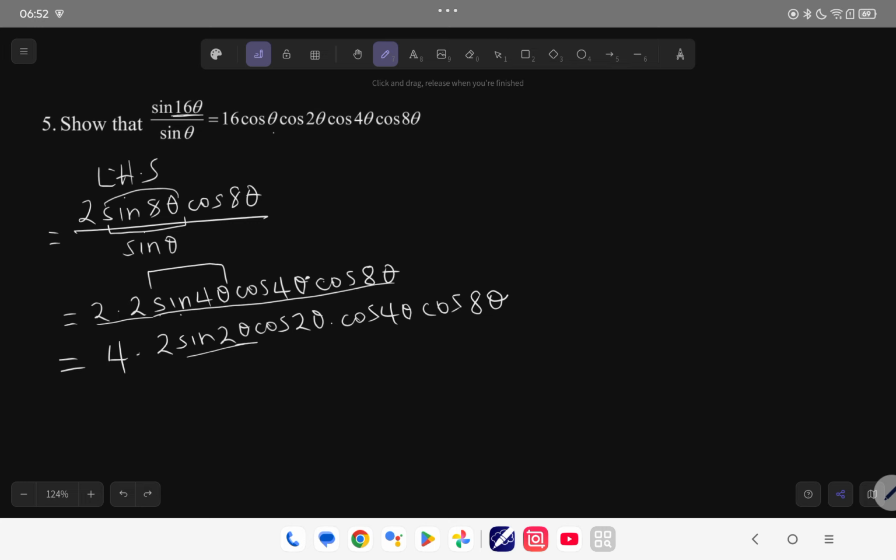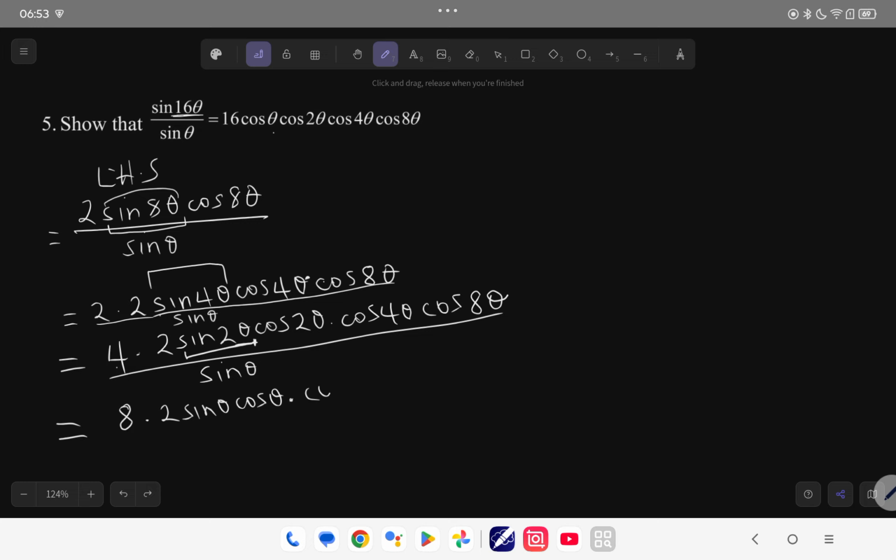Down there is a sine theta. Now this and this gives us 8. But again, this sine 2 theta can be decomposed to give us 2 sine theta cos theta.